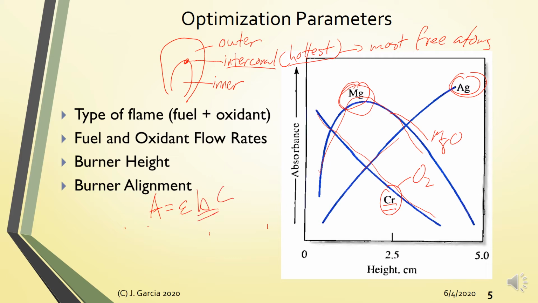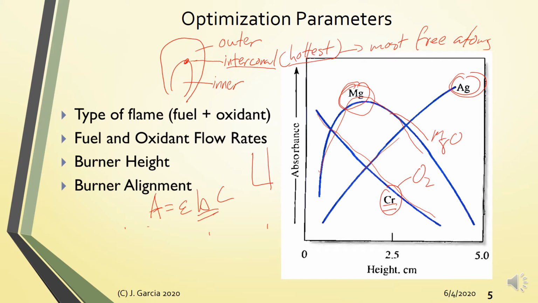The cell path length refers to the distance, or the diameter, that your light or radiation passes through, wherein this length contains your analyte. In UV-Vis spectroscopy, the cell path length can be controlled by choosing the diameter of the cuvette that you are using.